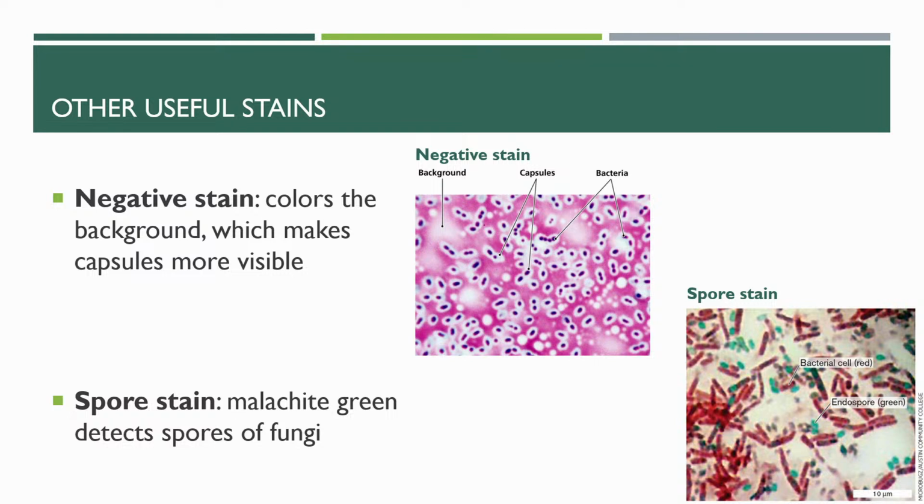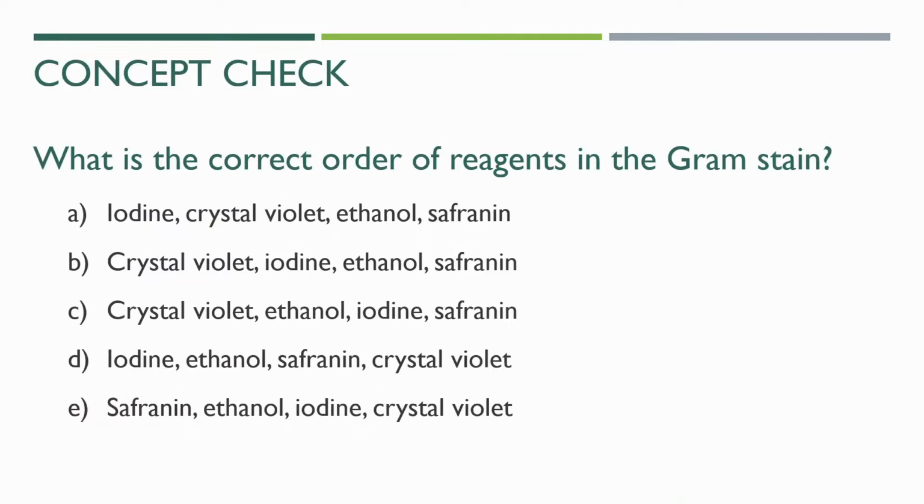Okay, so now that I have diverted a little bit, let's go back and think about the gram stain. What is the correct order of the reagents in the gram stain? Take a second.